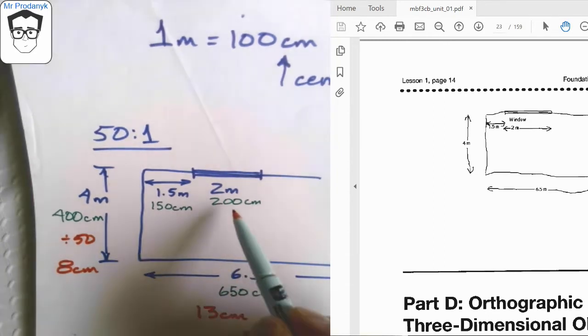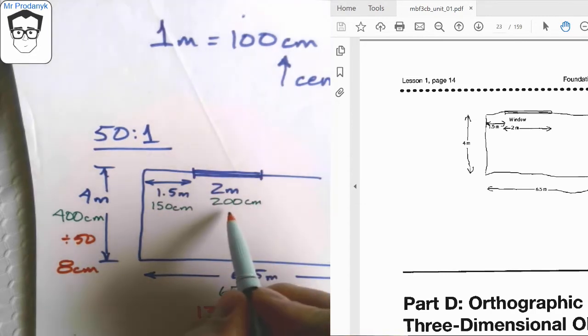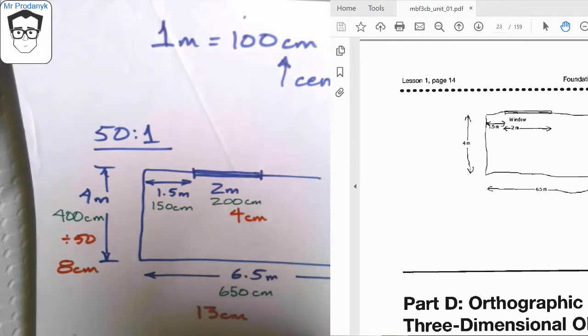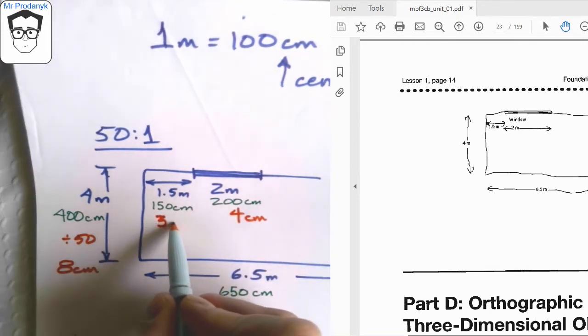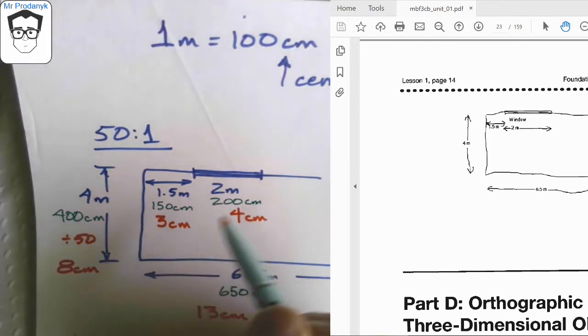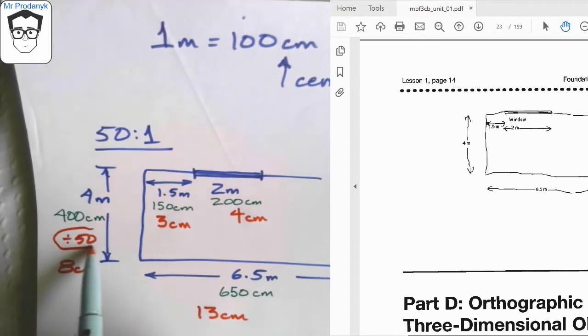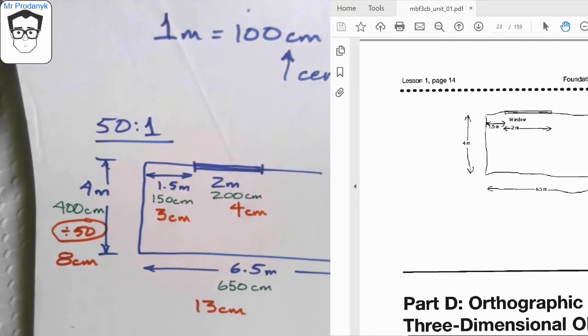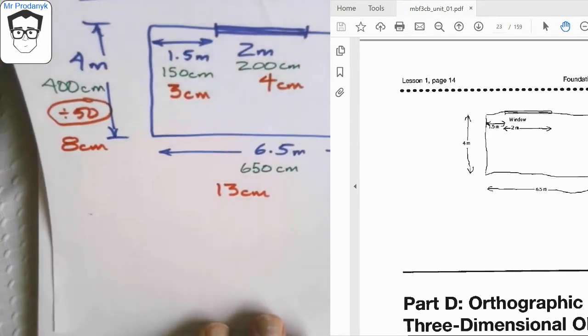If I take 200 and divide that by 50, I'm sure some of you can just do that in your head, that's going to be 4, and 150 divided by 50 is going to be 3 centimeters, because I'm dividing each of these real life measurements by 50 to get this 1 to 50 ratio on the drawings. So then it's just a matter of redrawing to scale.